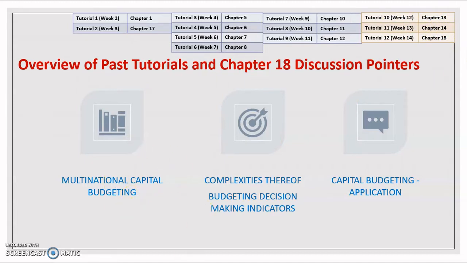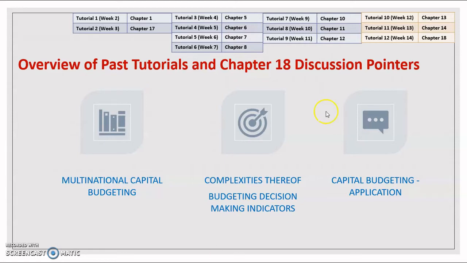Now, chapter 18 is about multinational capital budgeting and how companies who invest in overseas projects need to look at capital budgeting decision making in order to make sound capital budgeting decisions, right?